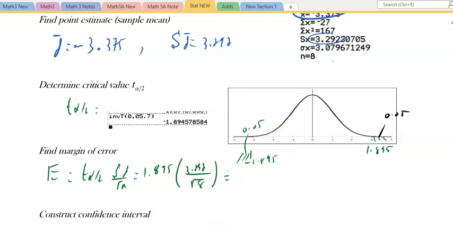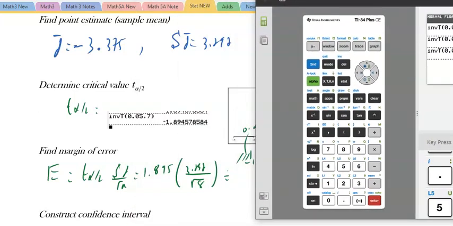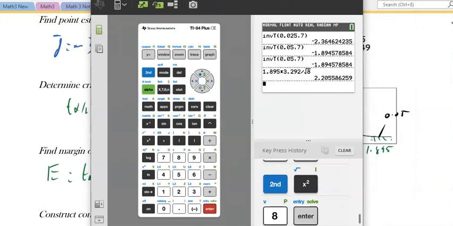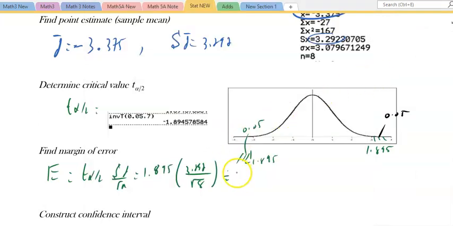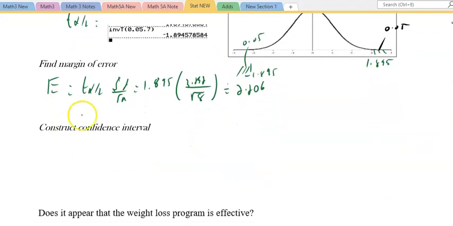That turns out to be, I need to guess, 1.895 times 3.292 divided by square root of 8. 2.206, or 2.21. And the confidence interval is pretty much D plus or minus the error.